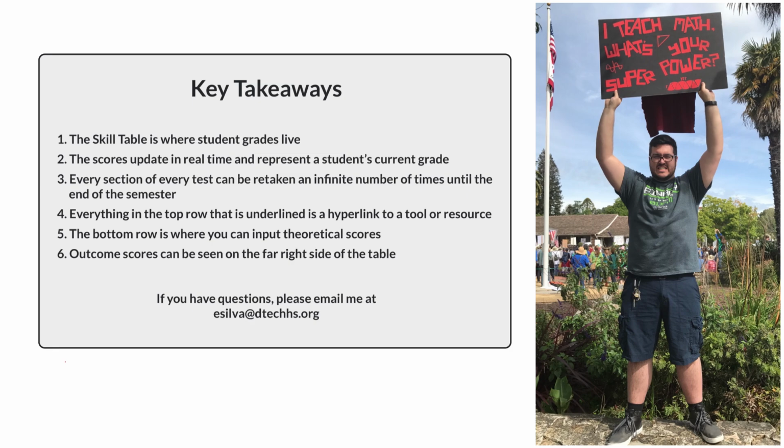Everything in the top row that is underlined is a hyperlink to a tool or a resource. 5. The bottom row is where you can input your own theoretical scores. That's where you have editing rights to plug in your own values to determine and strategize what you need to work on. And 6, outcome scores can be seen on the far right side of the table.